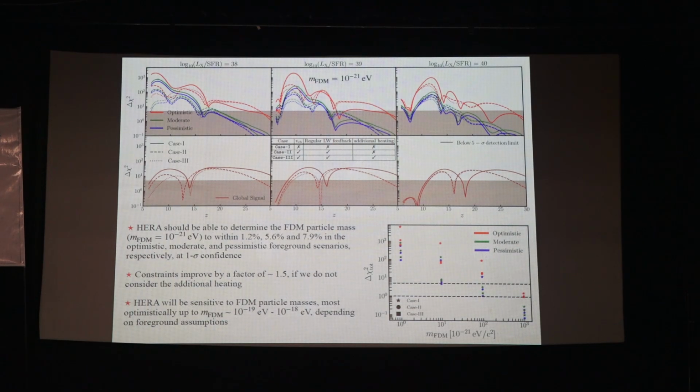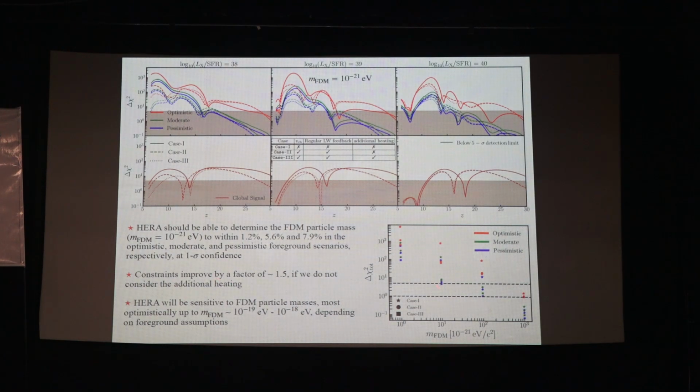We made a Fisher analysis, and we showed that if the FDM particle mass is 10 to the minus 21 eV, then HERA should be able to determine the FDM particle mass within 1.2, 5.6, and 7.9 in the optimistic, moderate, and pessimistic foreground scenarios, respectively, at 1 sigma confidence. And heating basically worsens the constraints.